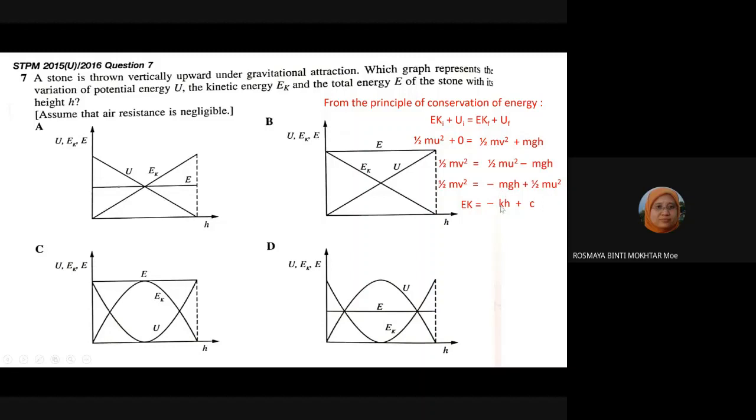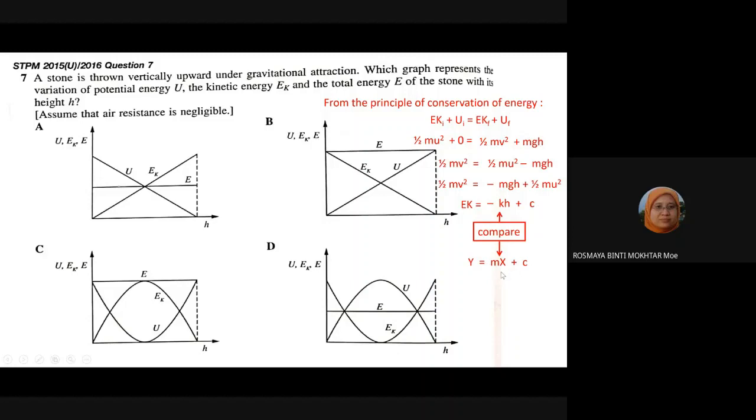We put k as a constant, and this one is also constant. The stone is thrown upward with this initial velocity u, so this is considered as c. Why c? Because we are going to relate it with the linear graph.